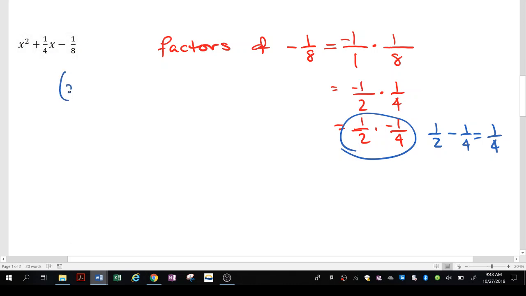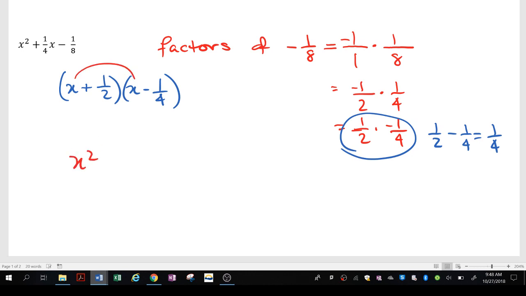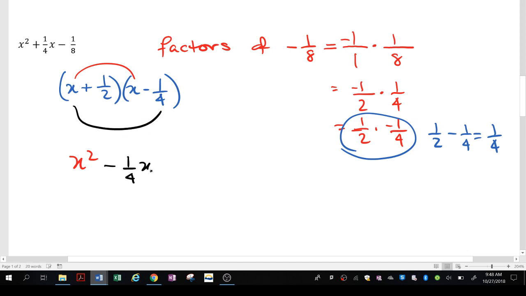So we would have x plus 1/2, x minus 1/4. And again, if we wanted to double check by foiling, here's our x squared minus 1/4 x plus 1/2 x minus 1/8.